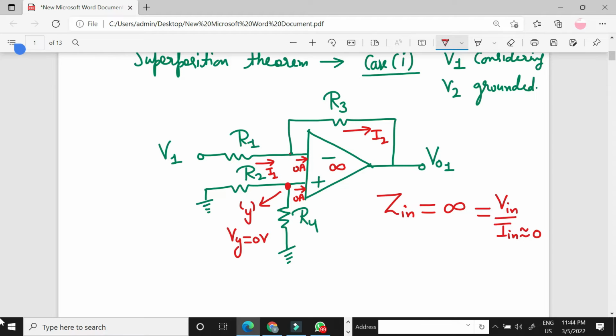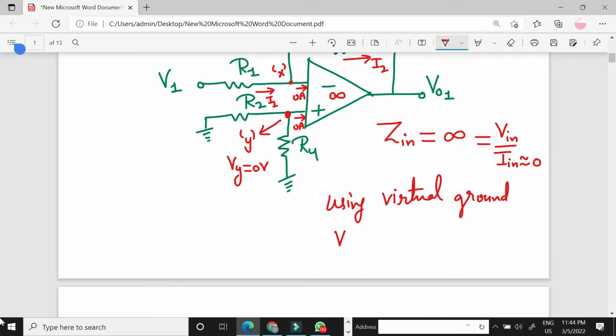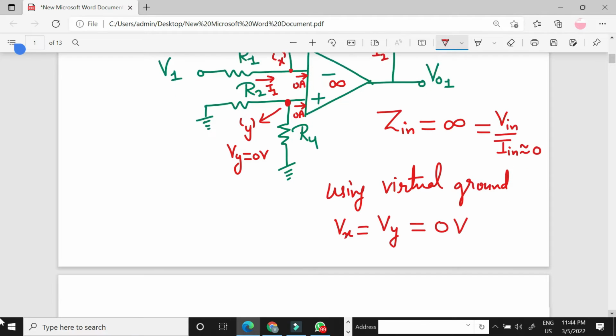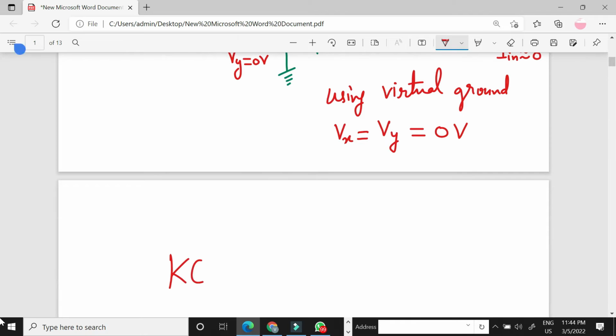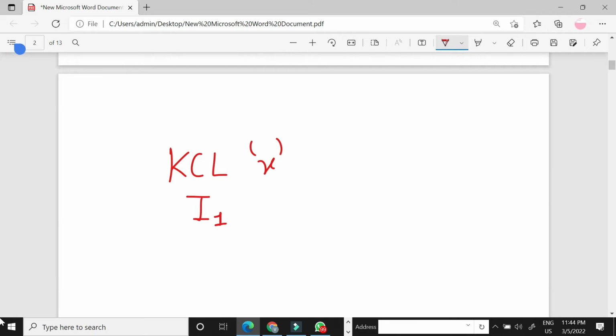Now, the question is, what is the value at point X, node X? Using virtual ground, both nodes must be at the same potential. So Vx must be equal to Vy, and it is 0 volt. Now apply KCL at node X. So I1 is equal to I2. And what is the value of I1?